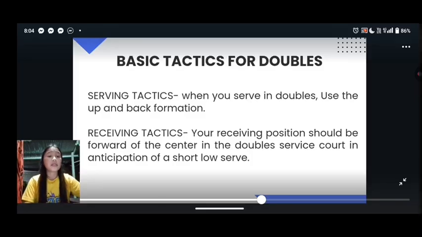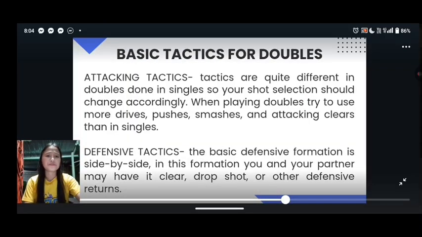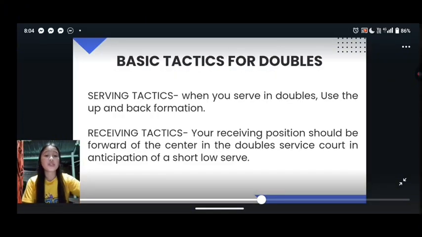Then, basic tactics for doubles. Actually, there are four basic tactics for doubles. First is serving tactics, then receiving tactics, attacking tactics, and defensive tactics. So let's start with the serving tactics.